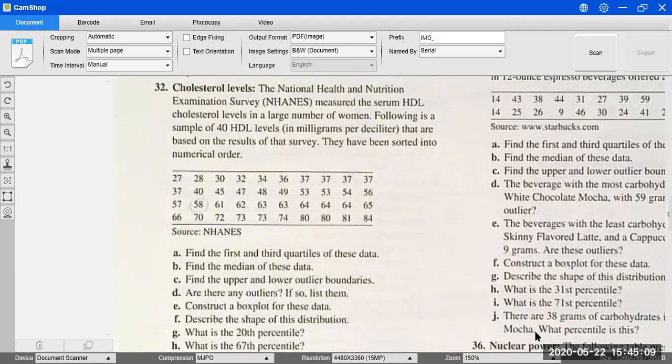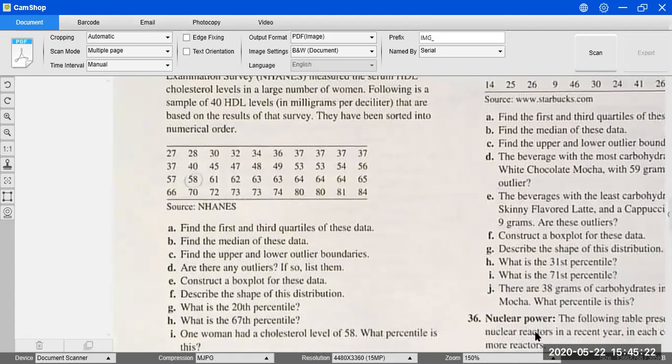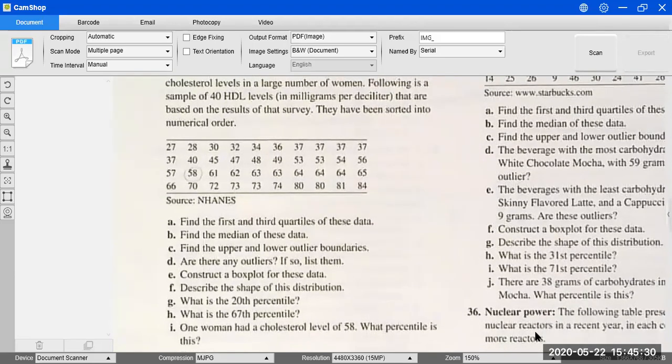If there are outliers, you're going to create a list. Then you're going to construct a box plot for this data, and then you're going to describe the shape of this distribution. Finally, you already computed G and H, the 20th percentile and the 67th percentile, and you only need to incorporate one more problem. One woman had a cholesterol level of 58. You need to find the percentile given a data value.